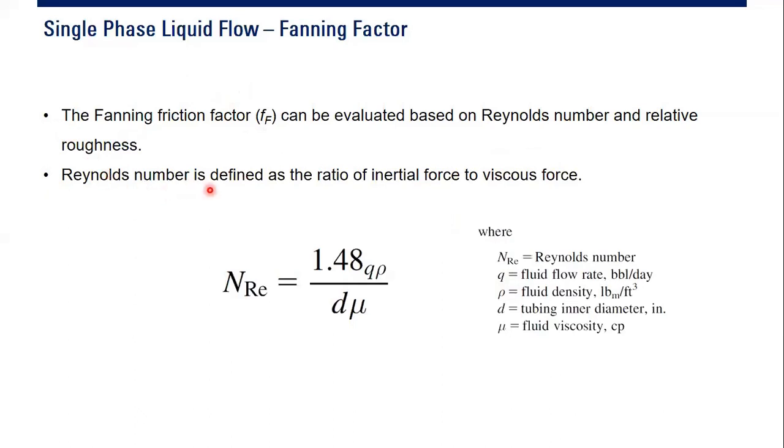Reynolds number is defined as the ratio of the inertial force to viscous force, and it can be calculated using this formula. Here, K is the fluid flow rate, rho is the fluid density, small d is the tubing inside diameter, and then viscosity. So this is the formula to calculate the Reynolds number.